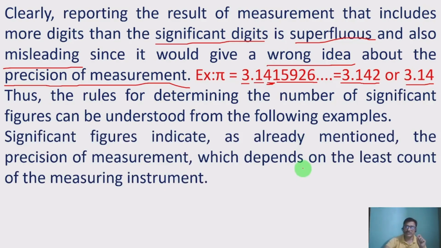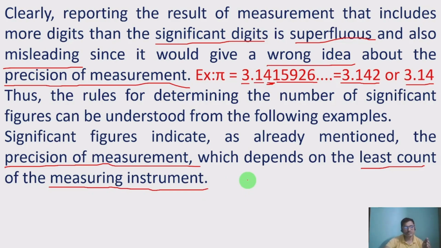The significant figures indicate, as already mentioned, the precision of measurement, which depends on the least count of the measuring instrument. The measuring instrument may be a weighing machine, a length measuring instrument, or a temperature measuring instrument.